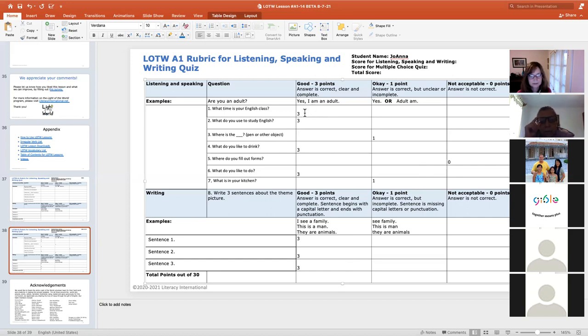So it would be a total of 30 points, but we're subtracting for those 2 they got wrong. So help me with the math here. That would be 26. So then the total score for their test would be 26. All right. So any questions about administering or scoring the listening, speaking, writing quiz?